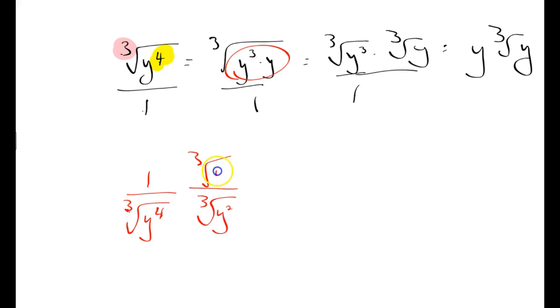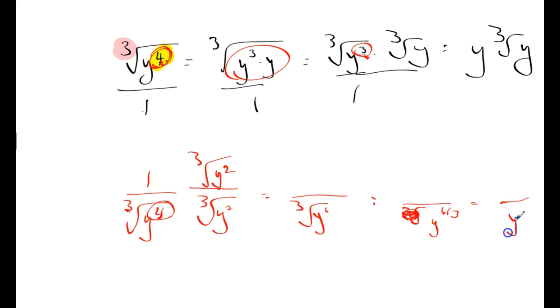If you're in the numerator, we take that 4 and break it down. But if you're in the denominator, we take the 4 and create more. So we have the cube root of y to the 6th, which will be y to the 6 thirds, which is just y squared.